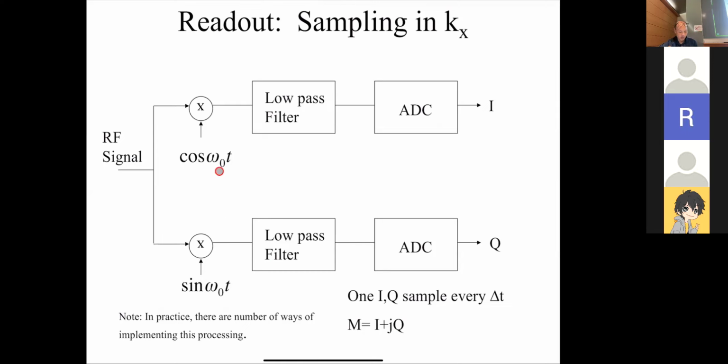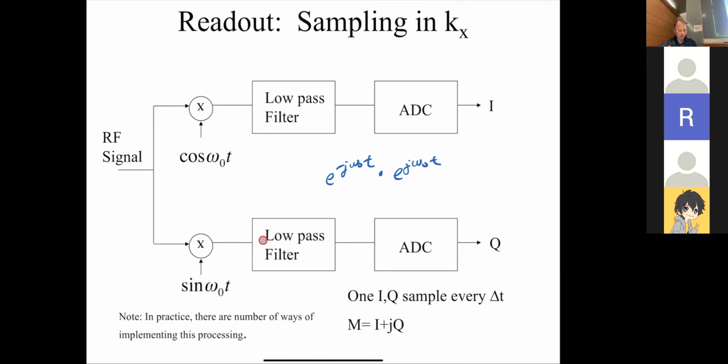And you can see here, this cosine omega naught t, sine omega naught t, what is that doing? Okay, remember we had this e to the minus j omega naught t term, this precession, right? So our signal coming in has this on it, right? And we're saying, well, that's sort of a pain. I don't want to have to deal with that. So electronically, we're just multiplying by e to the j omega naught t. Okay, so we're canceling out that term.